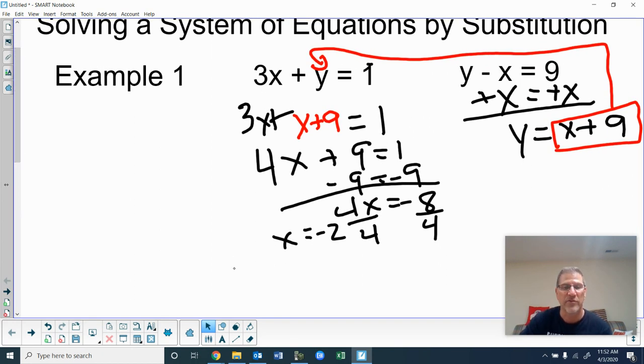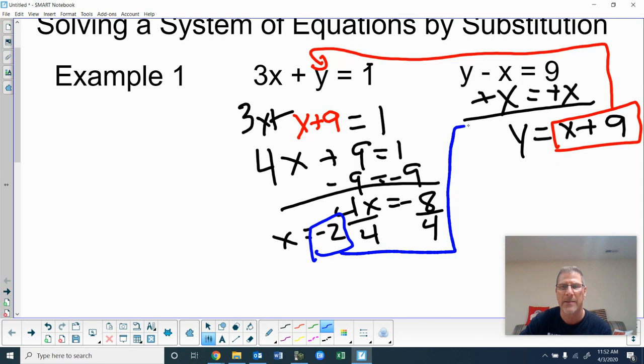All right, and then what I'm going to do is take that negative 2 that I got for x and move it in for that x. So I'm going to rewrite this as y equals negative 2 plus 9.